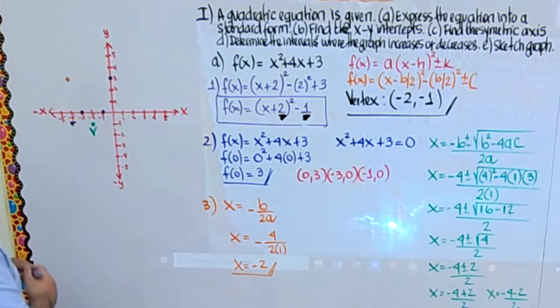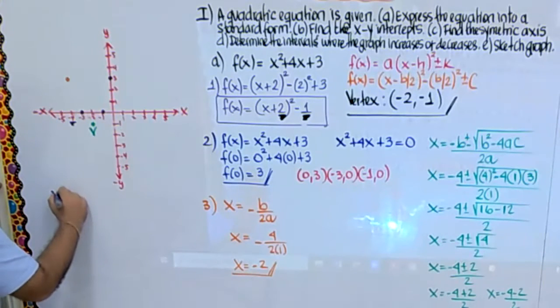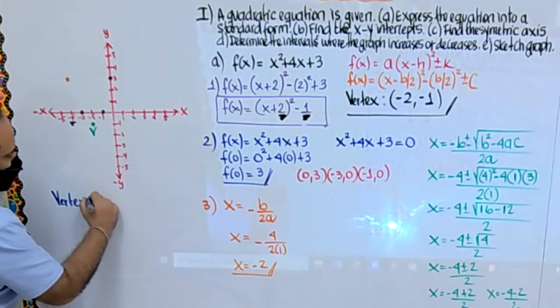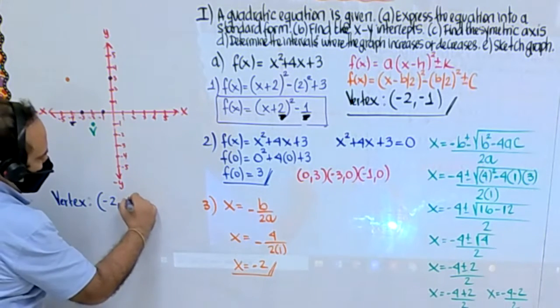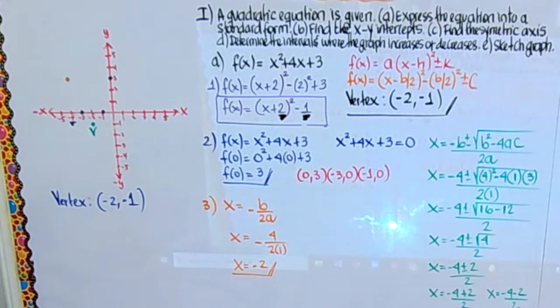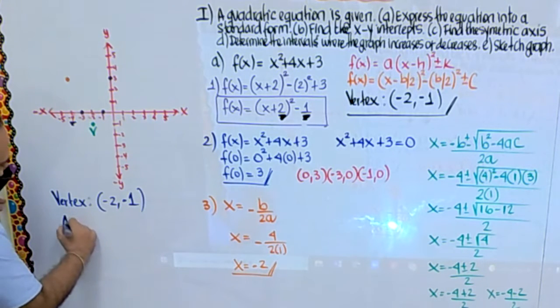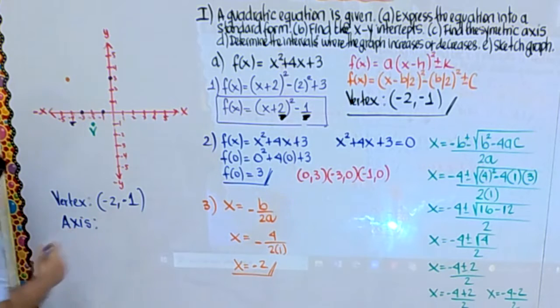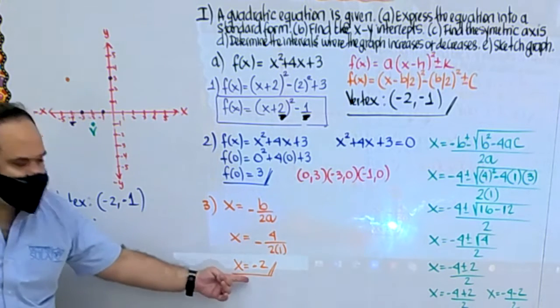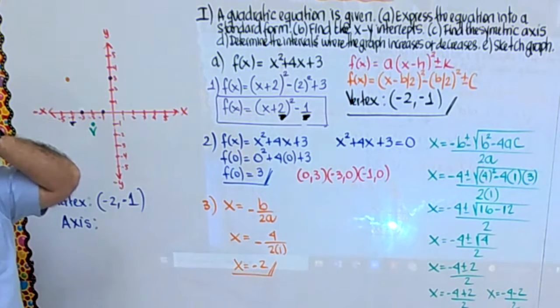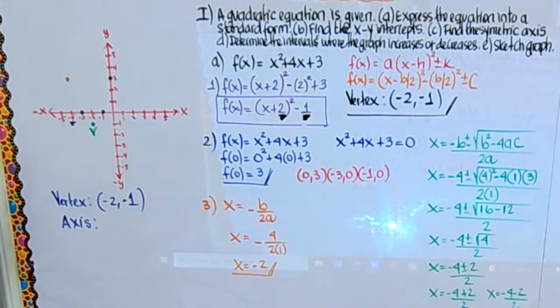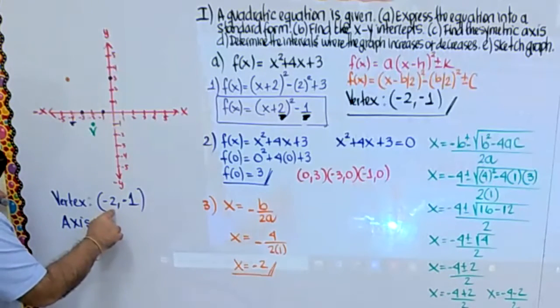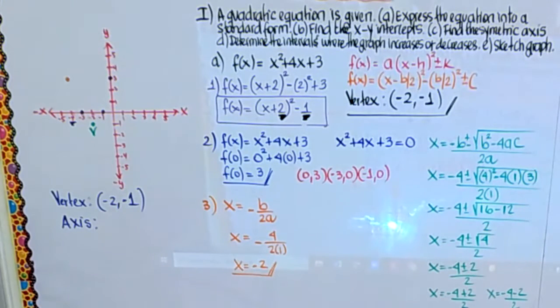Okay. Again, the vertex is given by negative 2 with negative 1. If I really want to look for the coordinate of the axis, what I have to do is this: because I have a negative answer, I'm going to move the graph 2 units from the left because it's negative. And if you add negative 2, negative 2 will be negative 4.